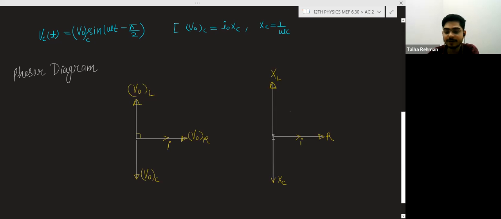Please remember the point I told you when I first introduced the phasor diagram: the length of the arrow represents the quantity. So this is the phasor diagram. This angle will be 90 degrees, and this angle will also be 90 degrees.